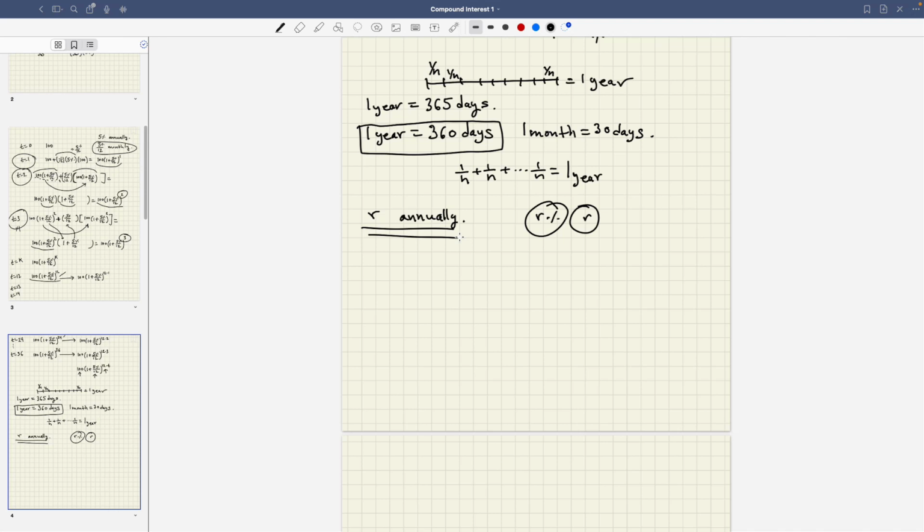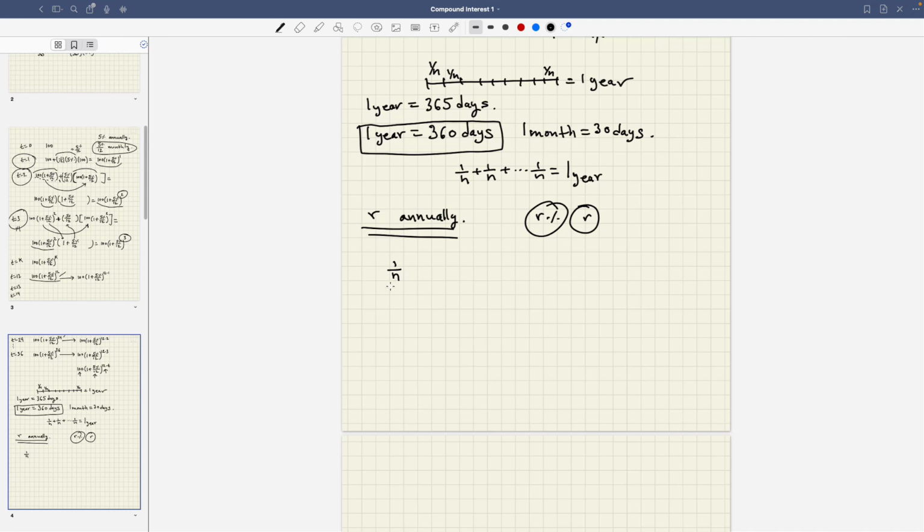However, if you leave your money in the bank for less than a year, as we said earlier, the amount of interest your investment accrues is proportional to the time you leave your money in the bank. In the case where a year was broken into n pieces, the proportion is 1 over n.